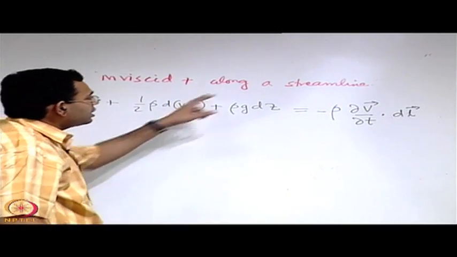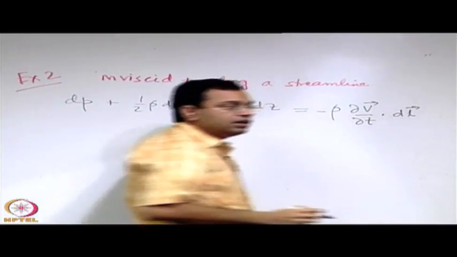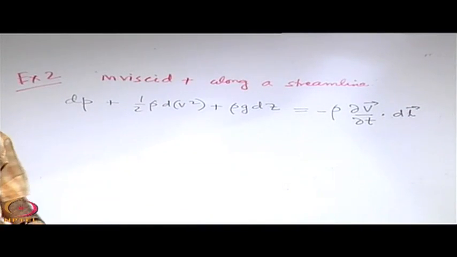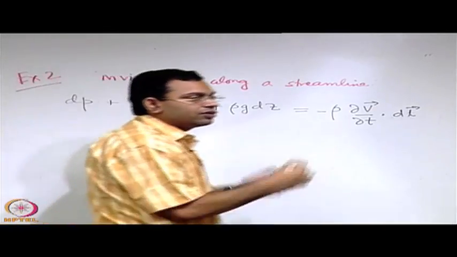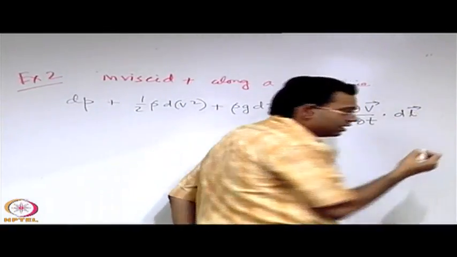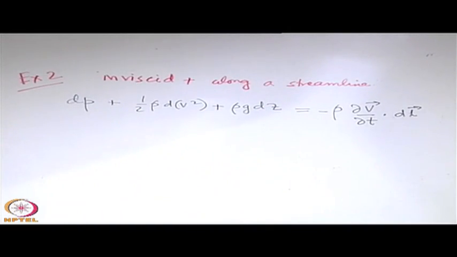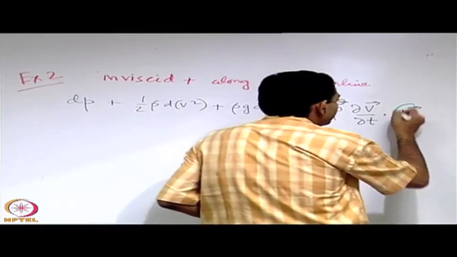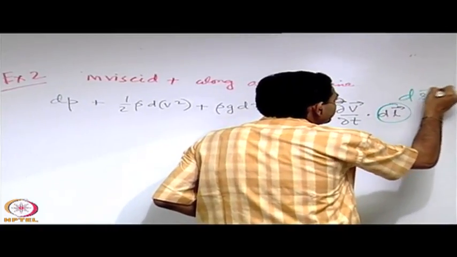Now we have considered along a streamline, so our dl is ds, where s is the streamline coordinate. We will subsequently write special forms of the Bernoulli's equation using the streamline coordinates, but for the time being let us say that we are considering this as the streamline direction, so we call it ds.